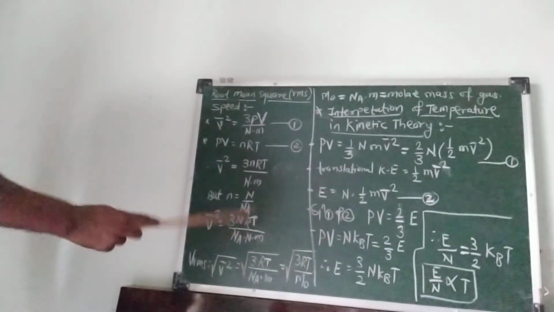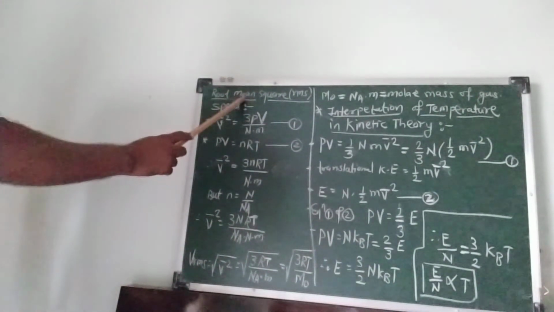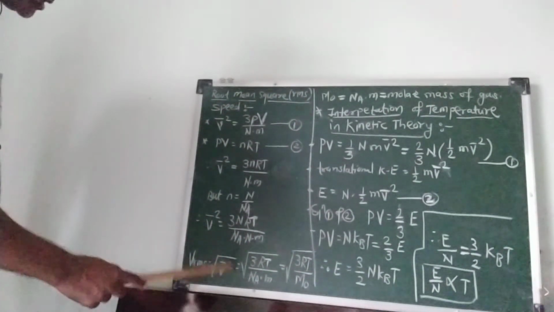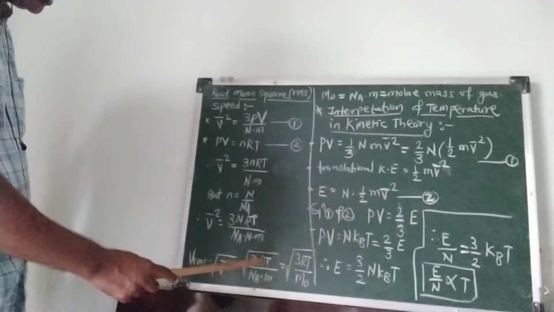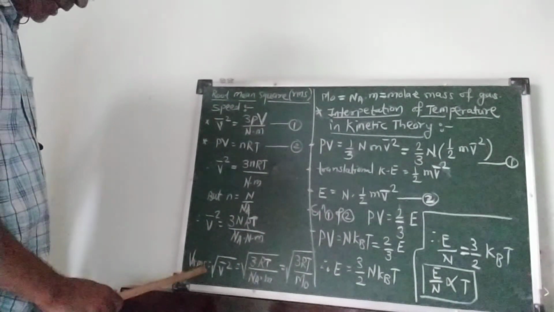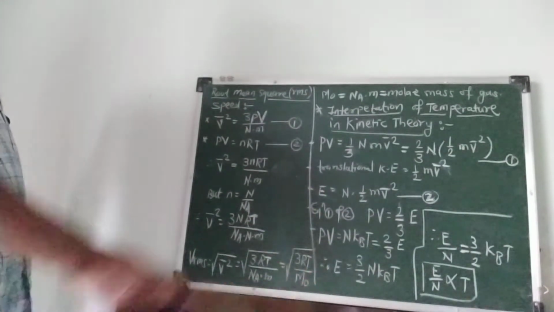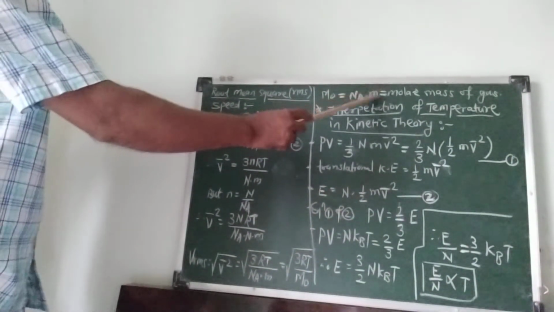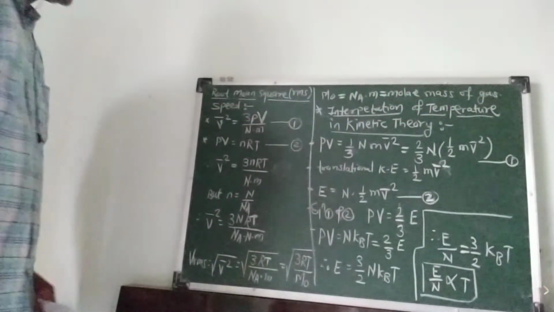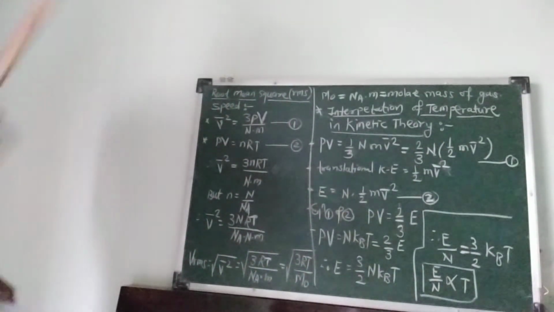Then N gets cancelled, and therefore Vrms, the root mean square speed, is equal to the square root of V bar squared, which is the square root of 3RT upon Na into m, and therefore Vrms is equal to the square root of 3RT upon Mo, where Mo is Na into m, the molar mass of the gas. This equation is called the root mean square speed.